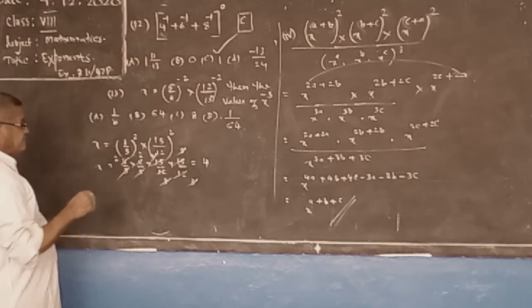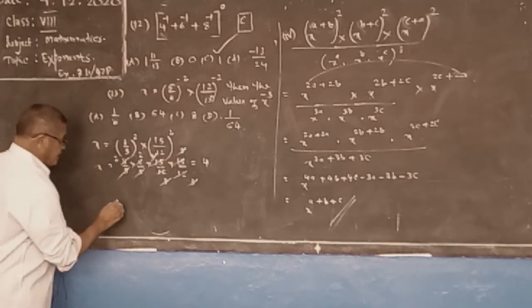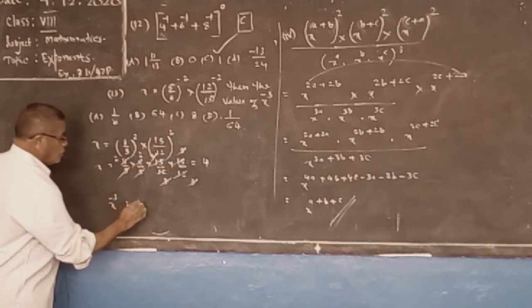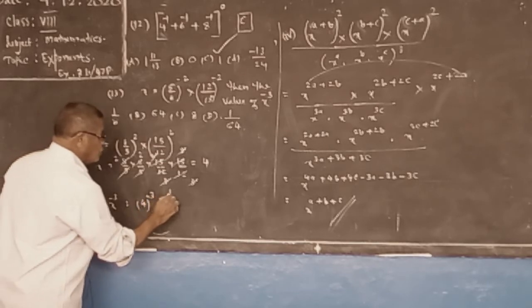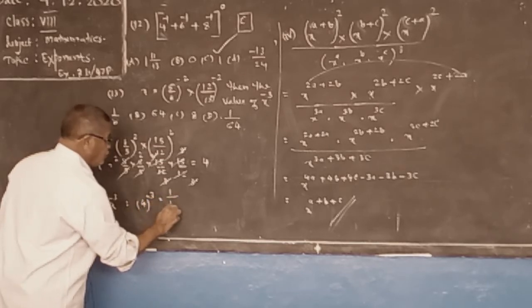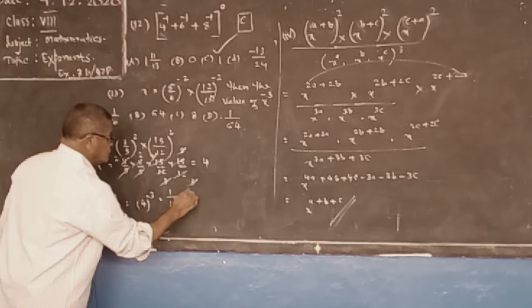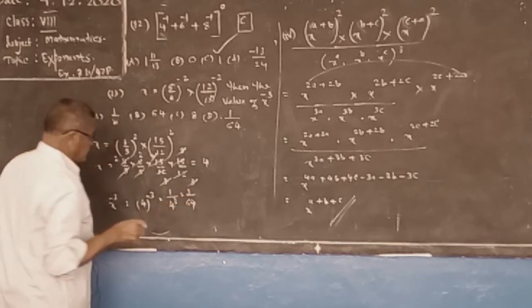But he is asking the value of x power minus 3, which is 4 power minus 3. That is 1 by 4 cube, that is 1 by 64.